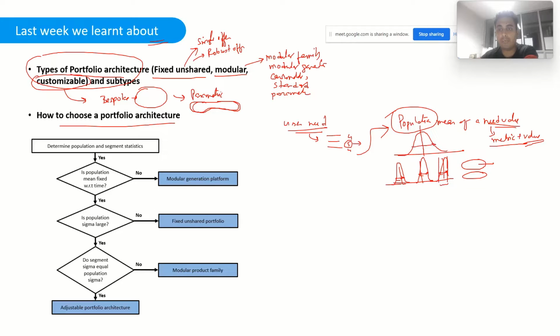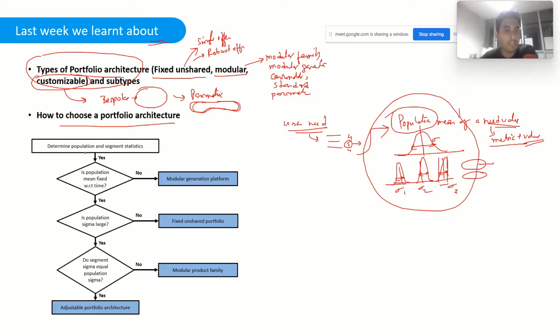So this is the population standard deviation, which is denoted by sigma, and the others can also be represented by sigma 1, 2, 3, like that. After collecting all this statistical information, we use some sort of flow chart to identify which sort of portfolio architecture we need to consider.